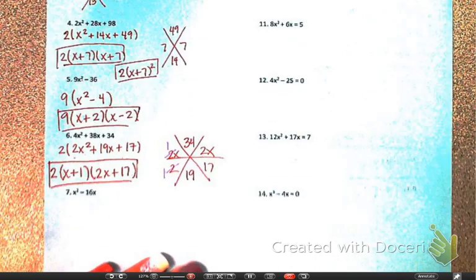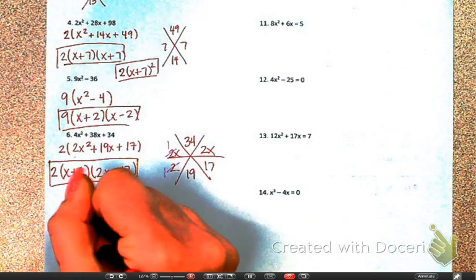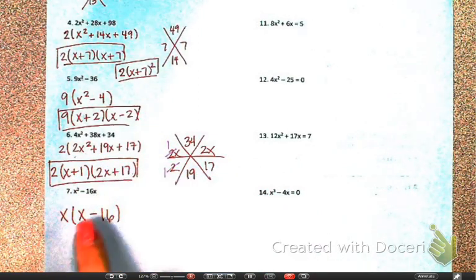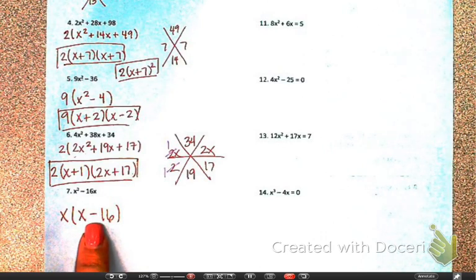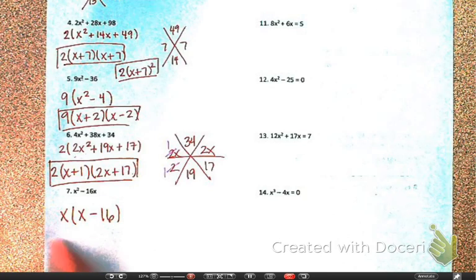Last one on this side. GCF? Yeah. An x, right? Leaving me with x minus 16. Be very careful. This is not difference of squares. Why not? The x is not squared. This is just GCF.